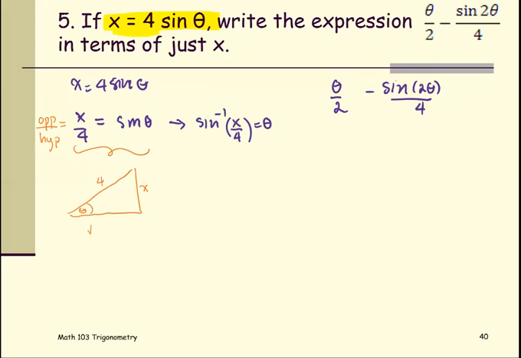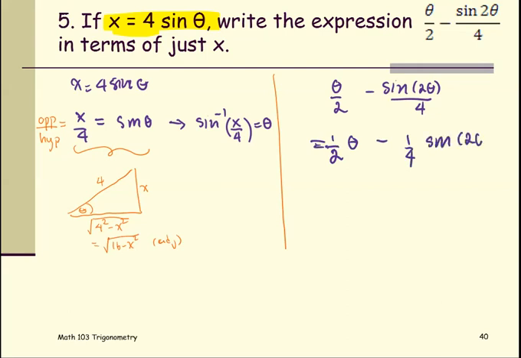Therefore, the adjacent is going to be the square root of 4 squared minus x squared, which is the square root of 16 minus x squared. For our goal, we are going to rewrite theta over 2, which is the same as 1/2 times theta, minus 1 over 4 times sine of 2 theta.